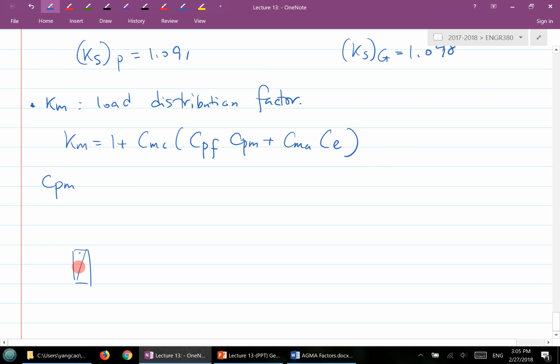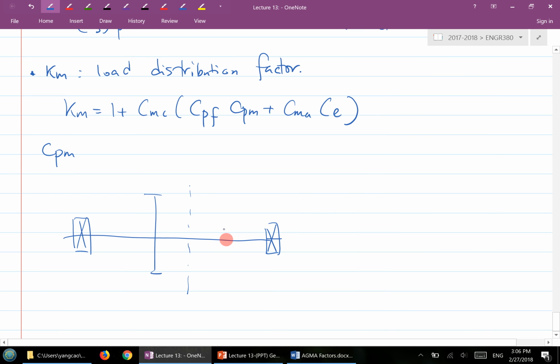So what the CPM basically is: let's say you have a shaft supported by two bearings, and a gear over here. If this is the center line, and the distance between the gear and the center line is S1, and the distance between the two bearings is S, then the CPM formula is this.